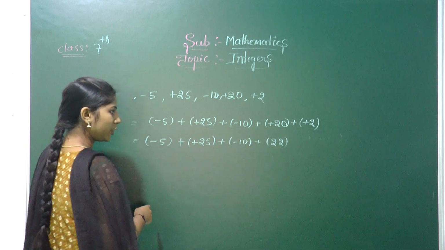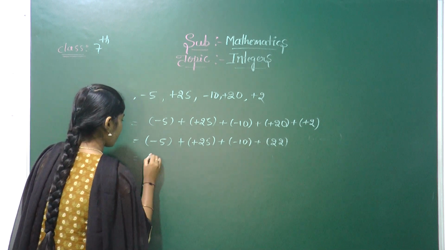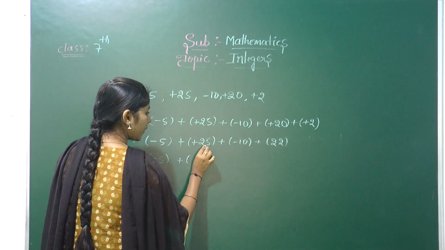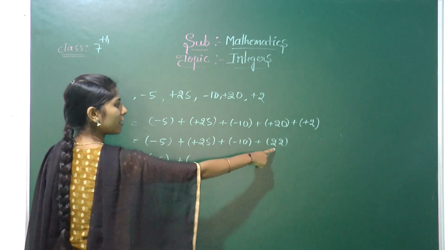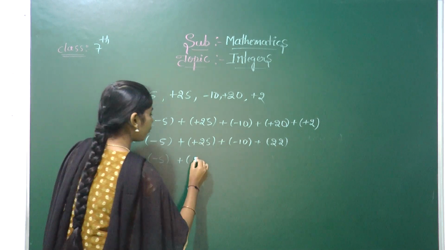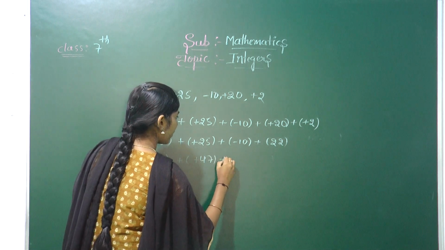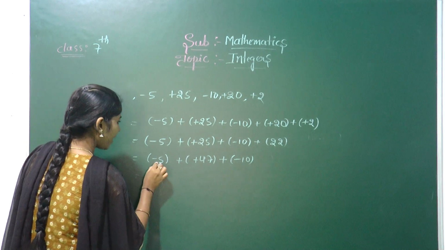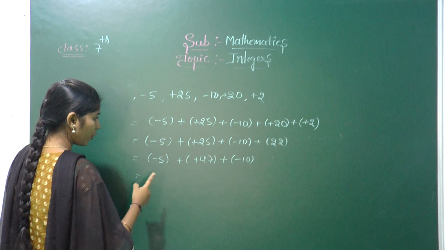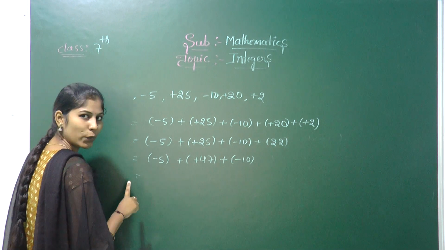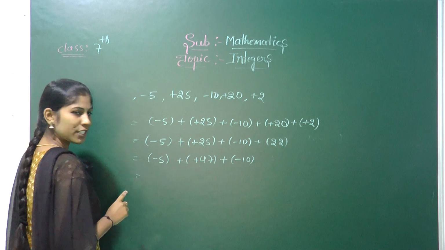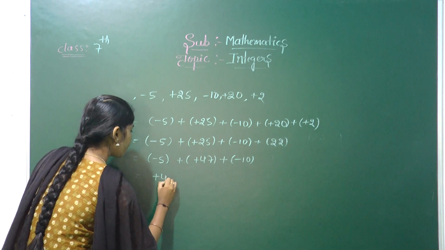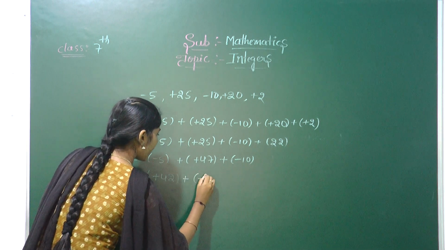Next 25 plus 22, 20 plus 20 is 40, 45 and 47. Plus of minus 10. Next, here minus 5, here plus 47. What you will do is subtract one positive and one negative. 47 minus 5 is 42. That is plus 42 plus of minus 10.